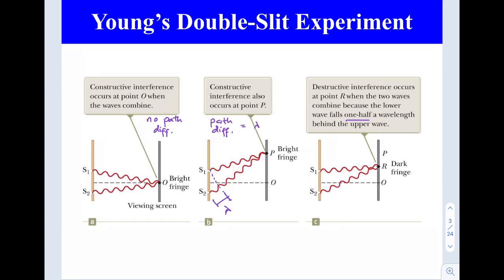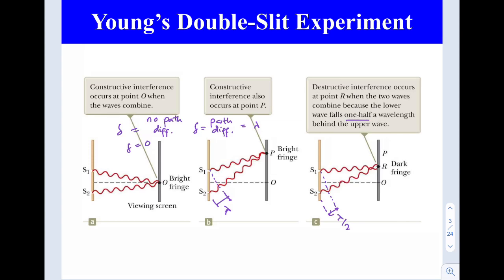Then for this one, if you do the arrangement, this is lambda over 2. So path difference can also be symbolized as delta, which is equivalent to 0 in this case.